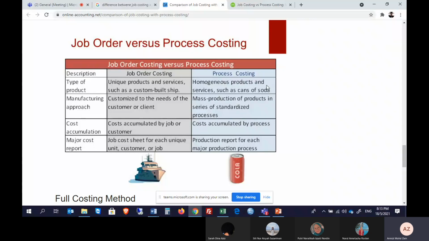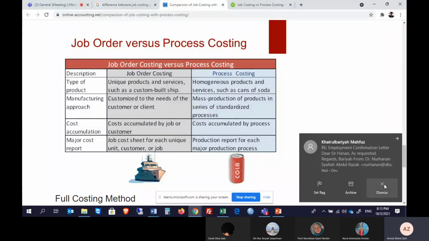Cost accumulation: cost accumulated by job or customer, and for process costing, cost accumulated by process. The major cost report is the job cost sheet. What we learned here are the job cost summary, job cost report, job cost sheet, and for process costing, the production report for each major production process.